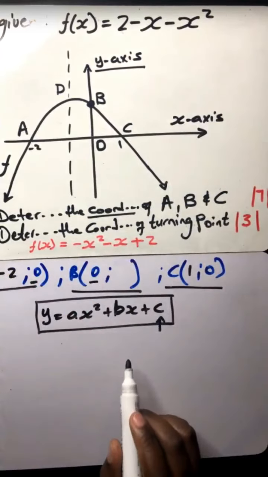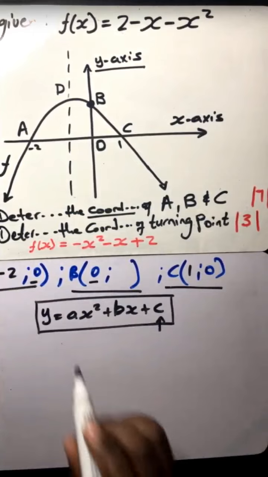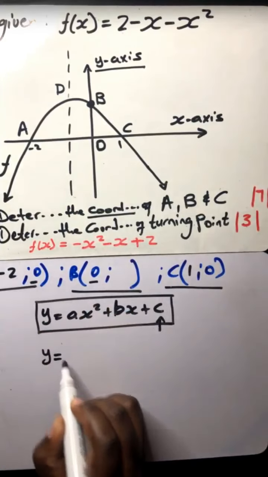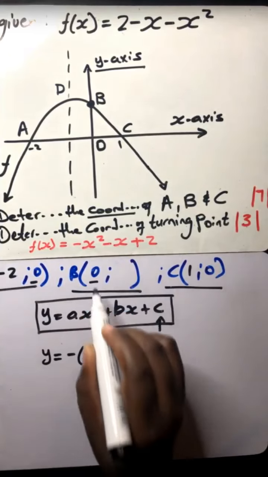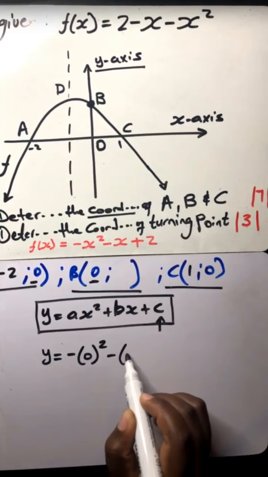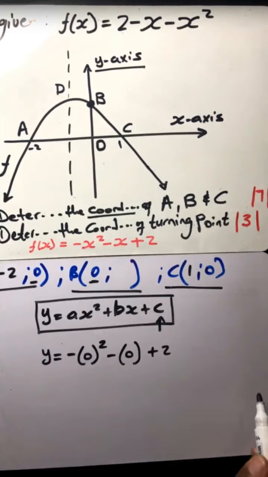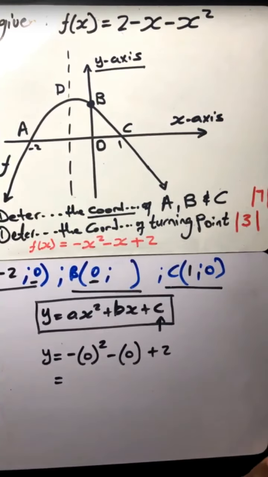Just do the same as you did when you calculated the values of A and C. So what is the Y value, guys? The Y value, we don't know. What is the X value? We know the X value is 0. So wherever we see X, we just substitute 0 plus 2. So what is this when you punch it on a calculator?